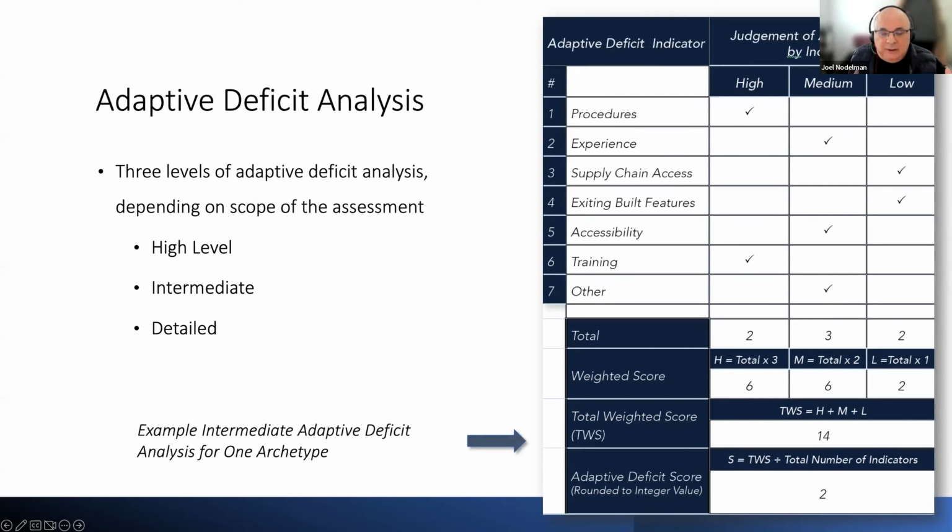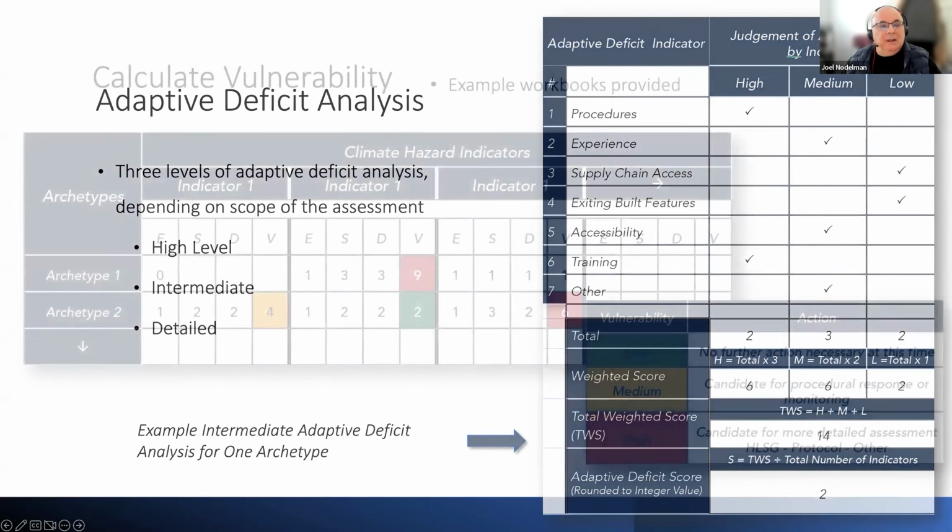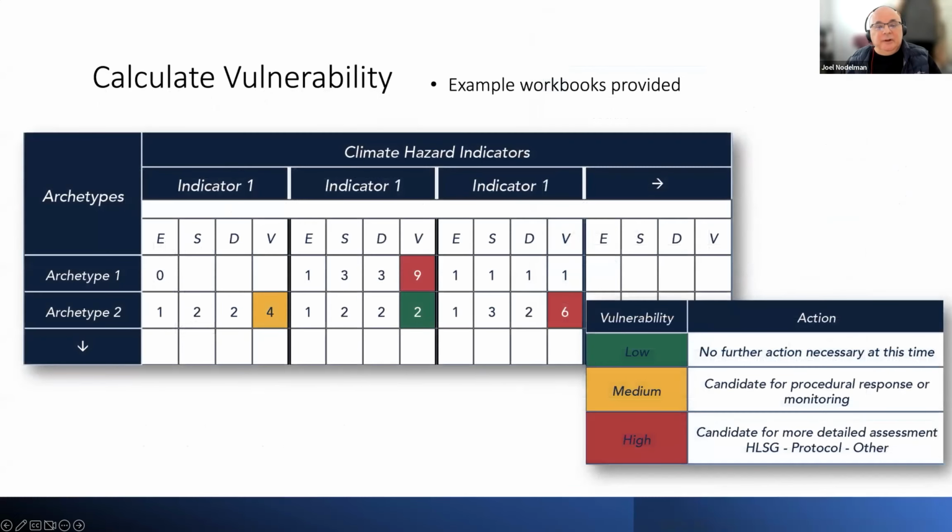So the procedure provides guidance on how to set these up, and it provides examples of each so that users can build this into a worksheet. And I think at the end of the day, you'd probably be using a database to do this. Calculate your vulnerability based on the equations, and the document provides some guidance on what to do once you know what your vulnerabilities are.